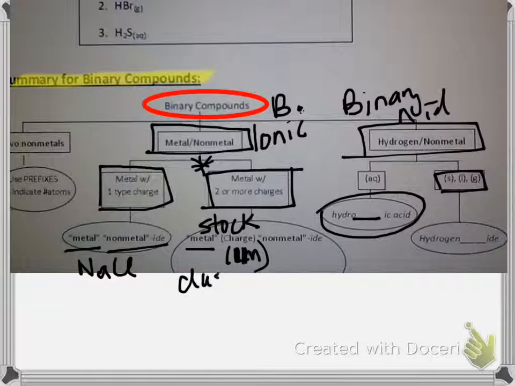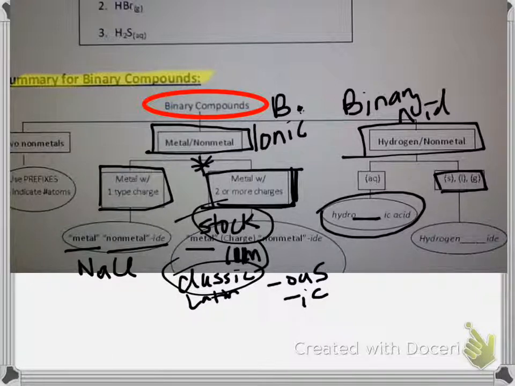And then there's also the classic naming system, where you use the Latin stem of the metal root name, and you add the suffix "-ous" or "-ic," depending on whether you have the lesser or the greater charge of the metal, like stannous, stannic, plumbous, plumbic, mercurous, mercuric, and so on. So if you do have a metal that contains more than one charge, you have to indicate the name, either using the stock or the classic system.